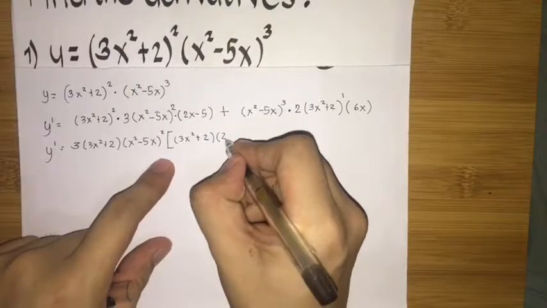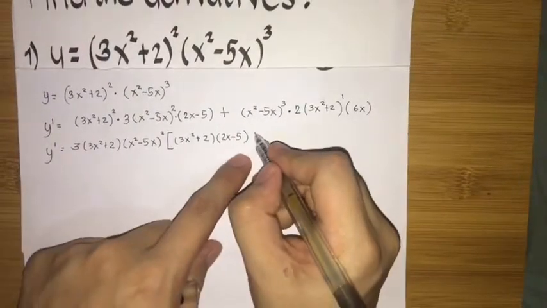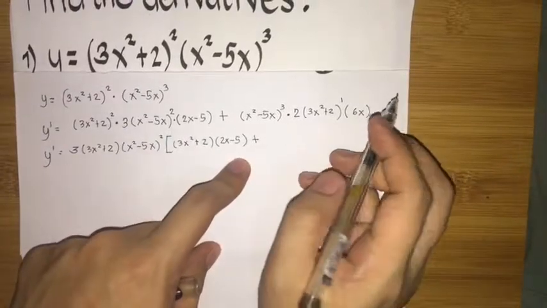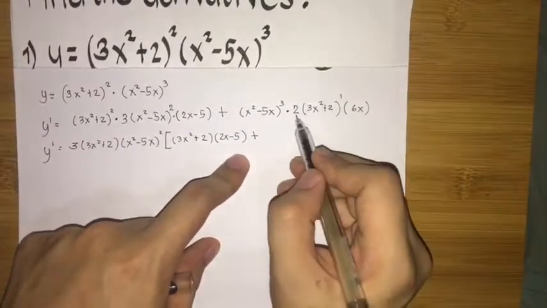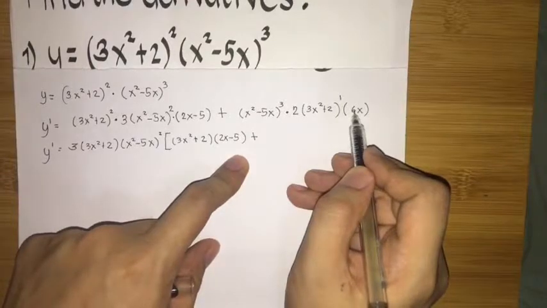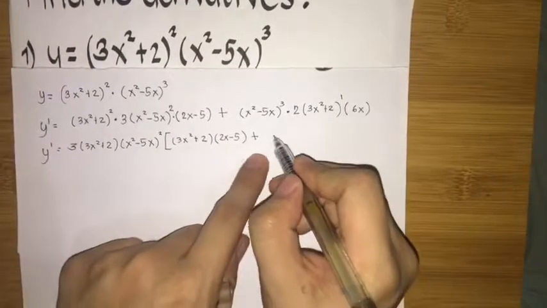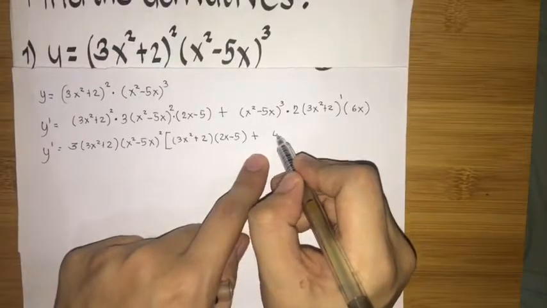Then 2x minus 5, plus, for the constant, since we have 2 and 6, it's equal to 12, and we factor out the 3, so we still have 4.